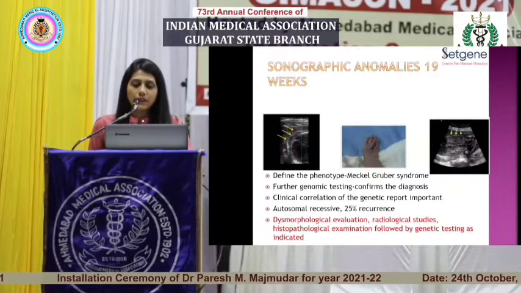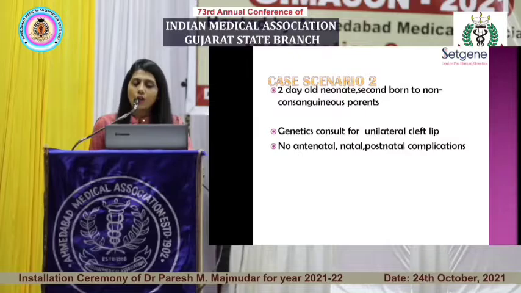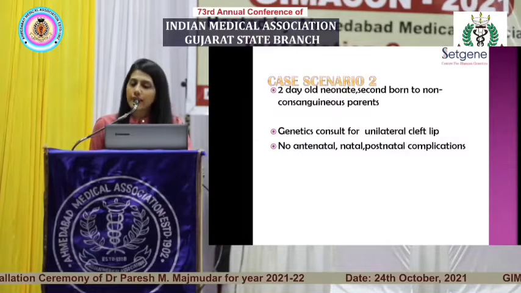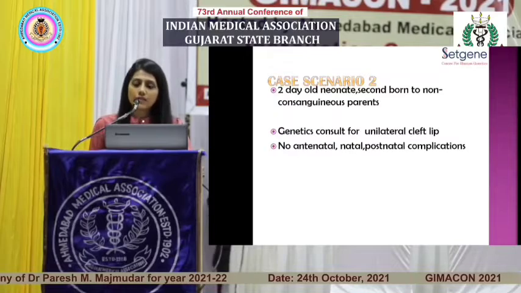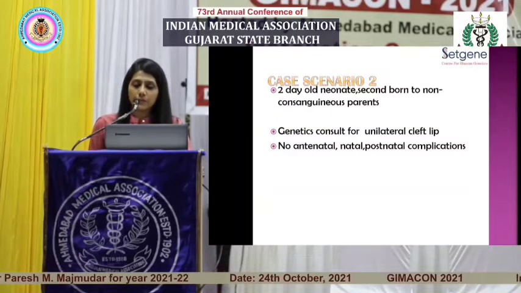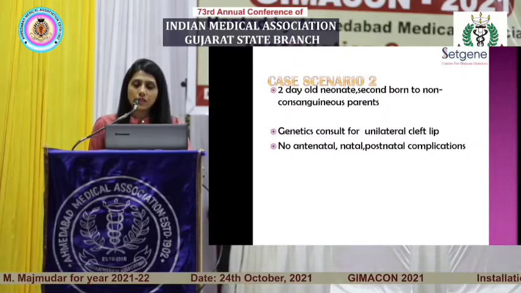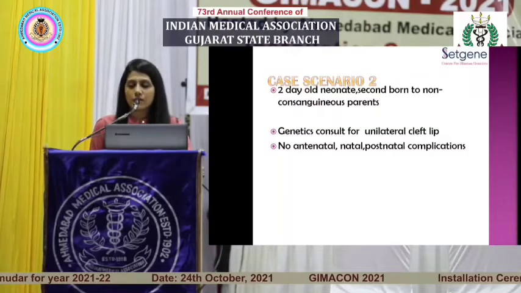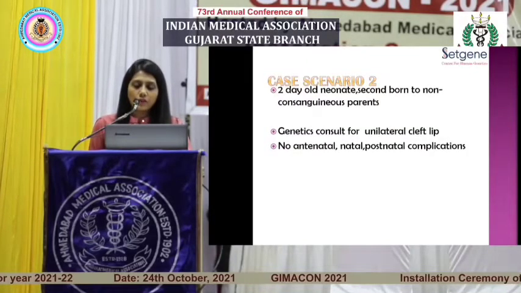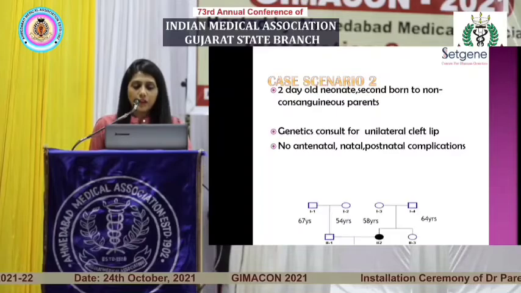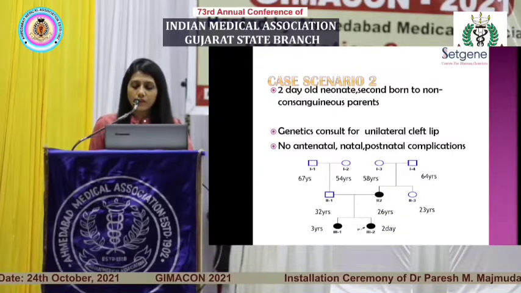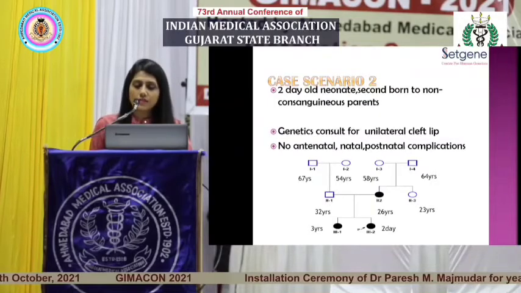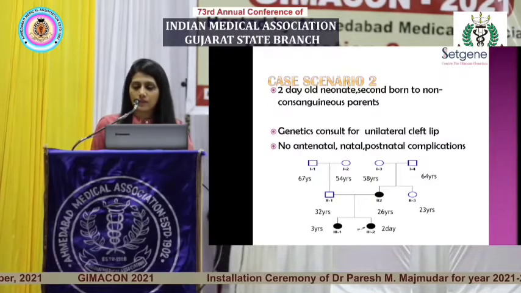Let's look at the next case. A 2-day-old neonate, second born to non-consanguineous parents, was sent for genetic consult for unilateral cleft lip. There were no antenatal, natal or postnatal complications. When we drew the pedigree, we could see that similar features were also present in the sibling and in the mother.